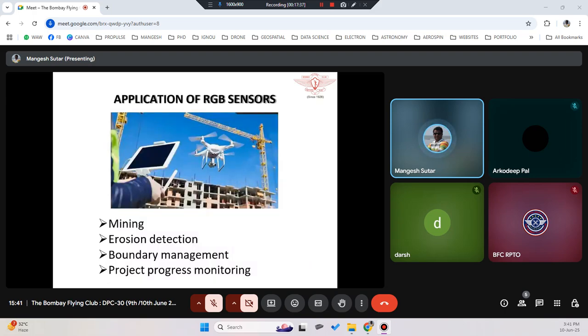Applications again: mining, erosion detection, boundary management, and project progress monitoring. In real estate, normally to give an update to the stakeholders, customers, or venture capitalists, they need the status of where their money has been invested.